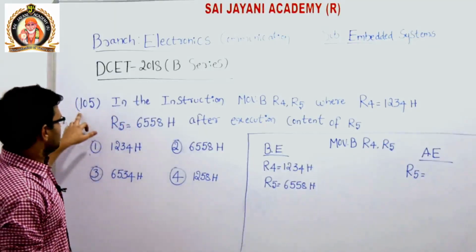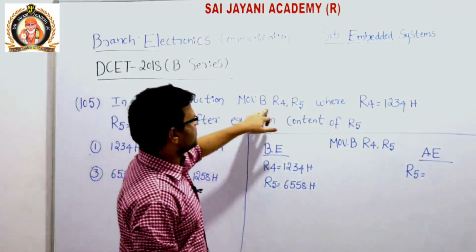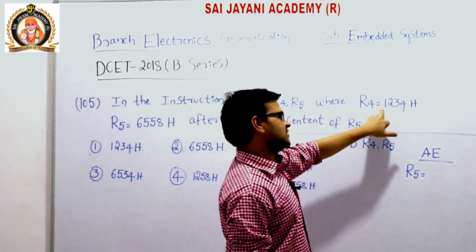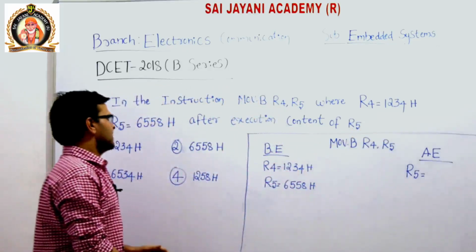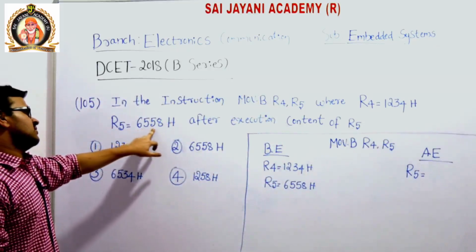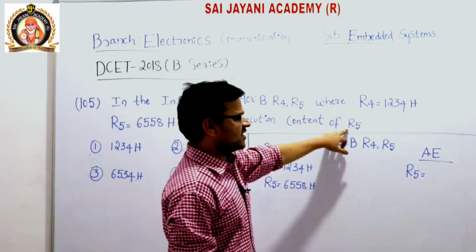Question number 105: in the instruction move.b R4, R5, where R4 is equal to 1234 H and R5 is equal to 6558 H, after the execution, what is the content of R5?